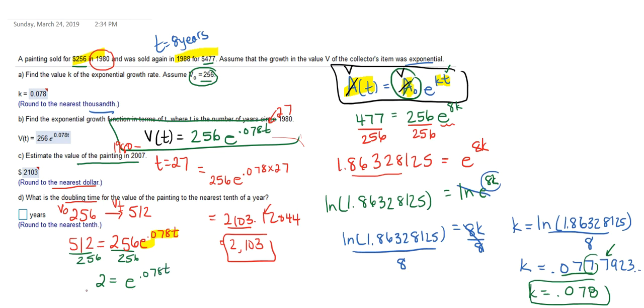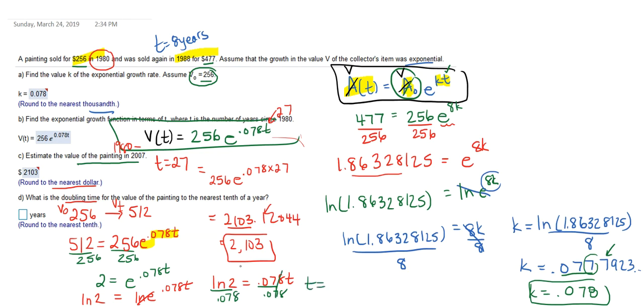To get rid of an e, we take the natural log of both sides. So natural log of 2 is natural log of e to the 0.078t. Natural log of e cancels, and so we now have natural log of 2 equals 0.078t. Our final step is to divide both sides by the 0.078 and then type that in the calculator.